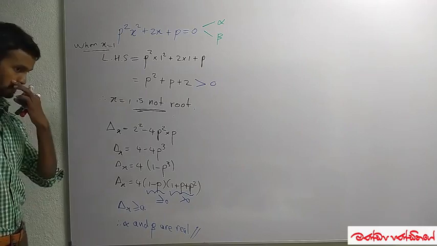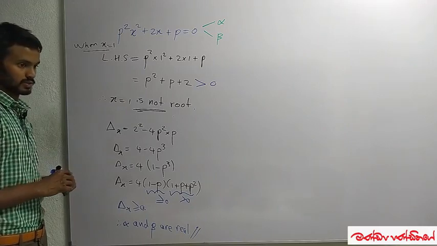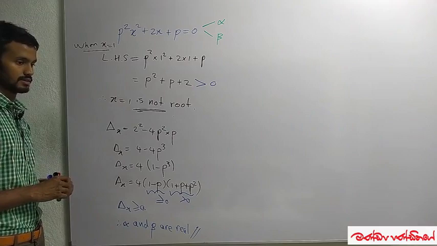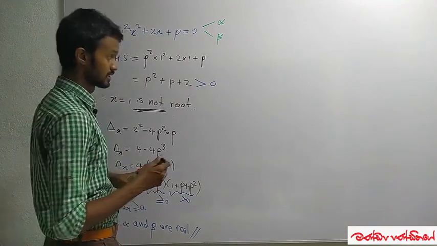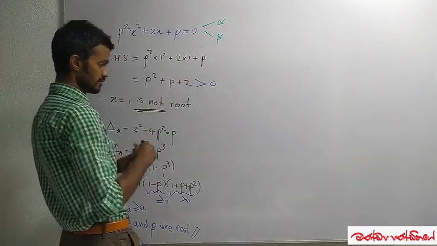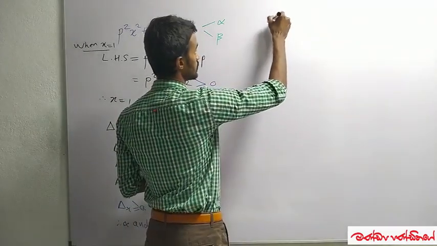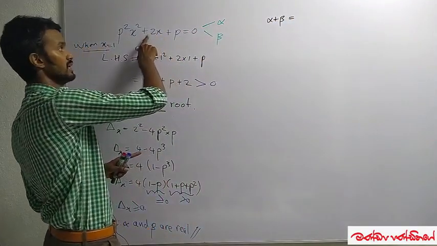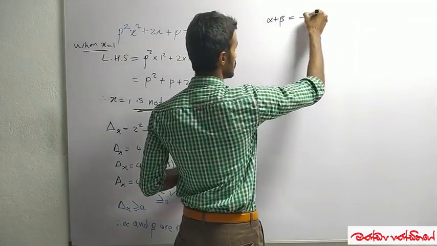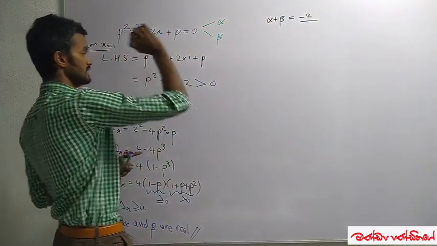Okay, now they are asking us to show that; first we have to write terms for alpha plus beta and alpha beta in terms of p. If the roots are alpha and beta, the sum of the two roots, alpha plus beta, can be written as minus b over a, which here is minus 2 over p squared.